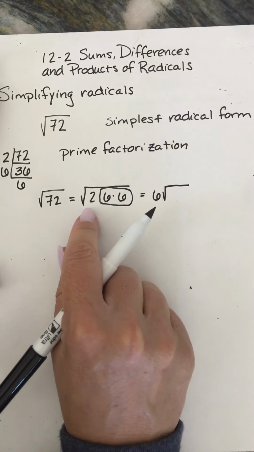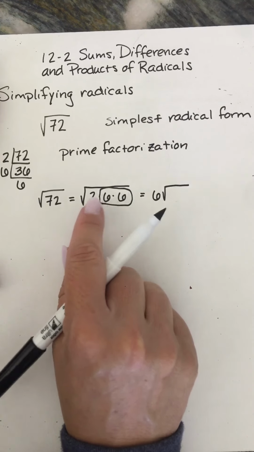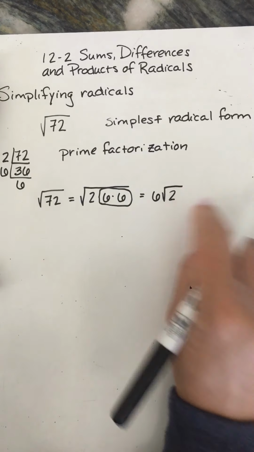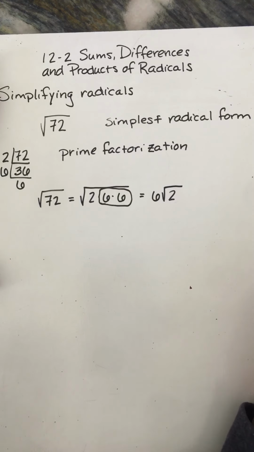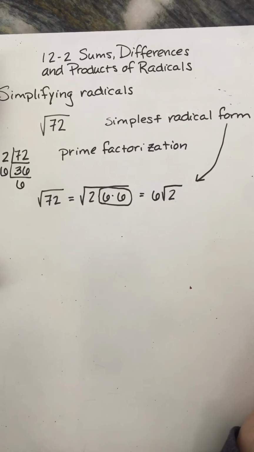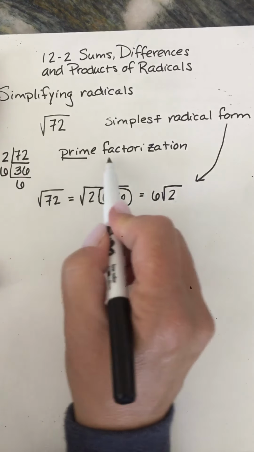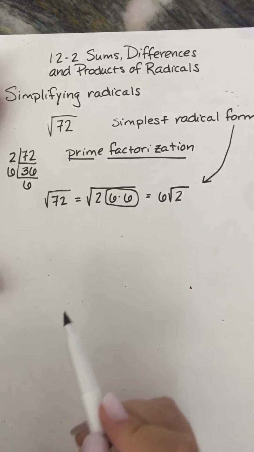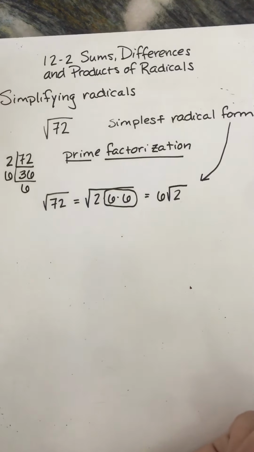But we can't take the 2 with us because it's a 2 for the price of 1. 2 has to stay. There's not 2 2s. So 2 square root 6 is your simplest radical form. And you will utilize the prime factorization technique until you get to a perfect square. And if you don't get to a perfect square, that's okay.